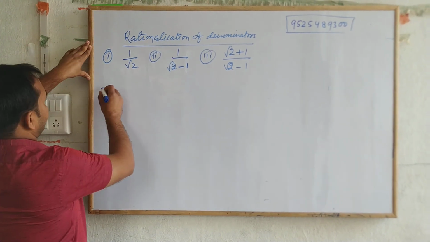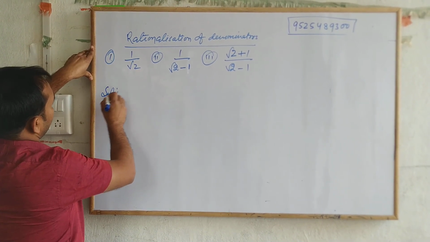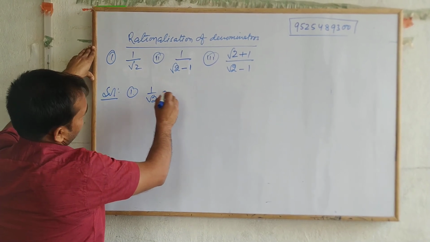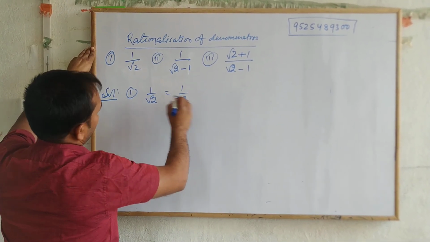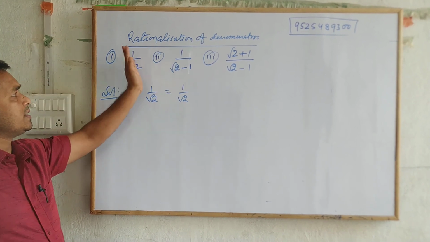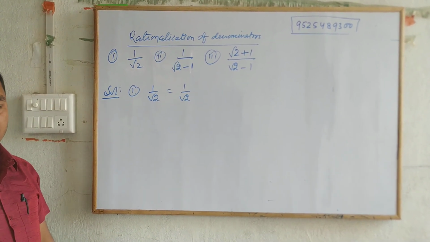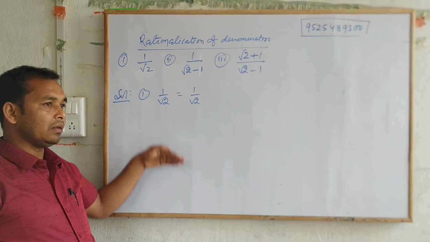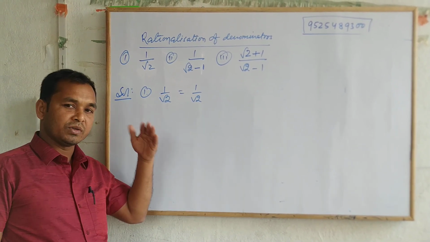First question, look here. Solution number 1: 1 by root 2. Again write 1 by root 2. Here the question is rationalization of the denominator, so we have to convert the denominator into a natural number.